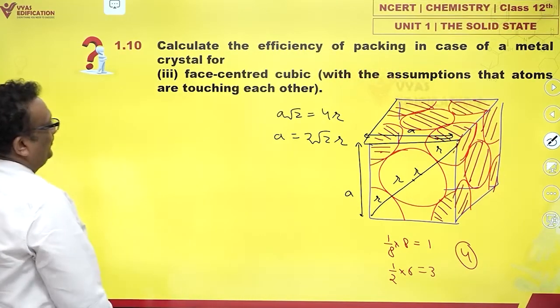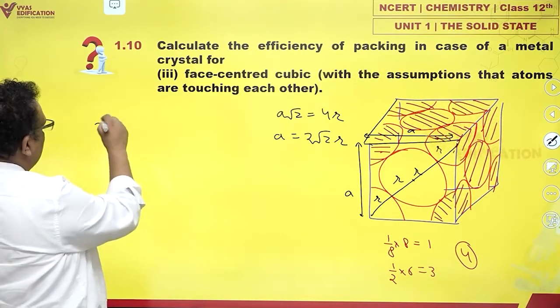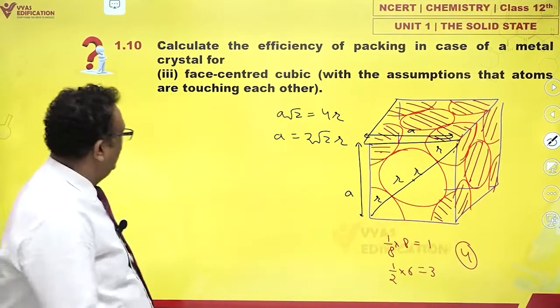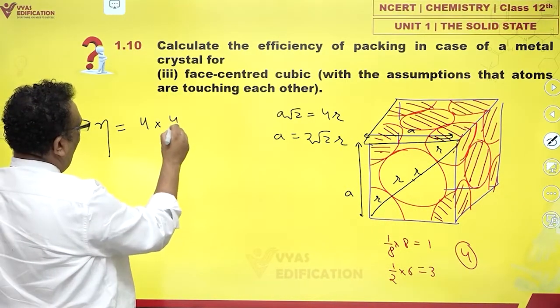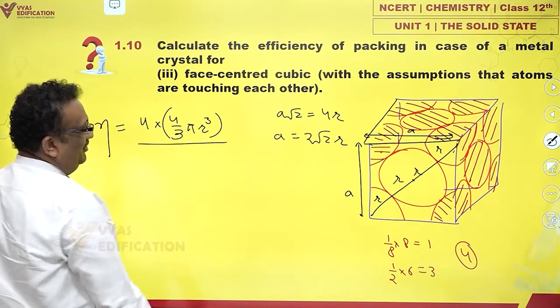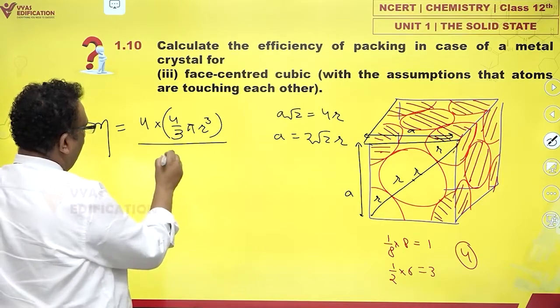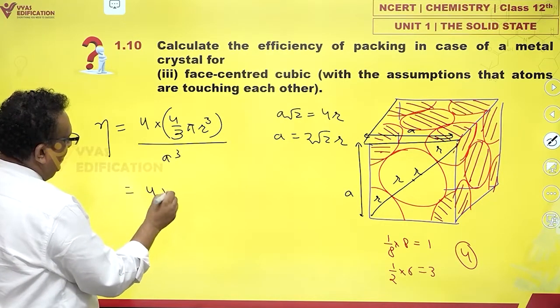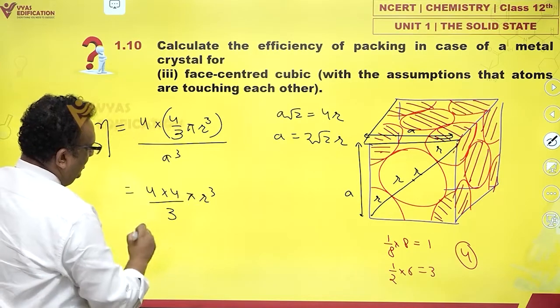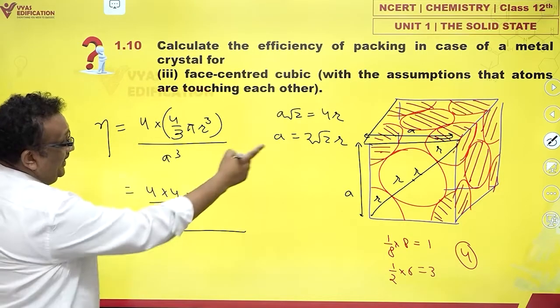Such a beauty. Now, packing efficiency. There are 4 spheres. So 4 into 4 by 3 pi r cube divided by A cube, where A is 2 root 2R.